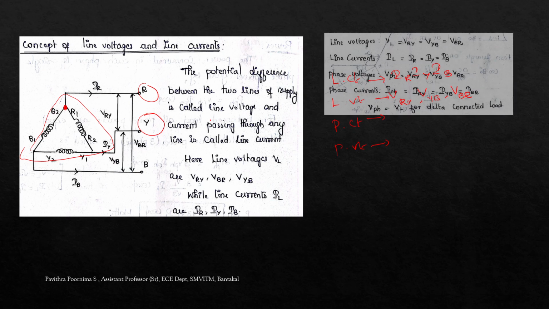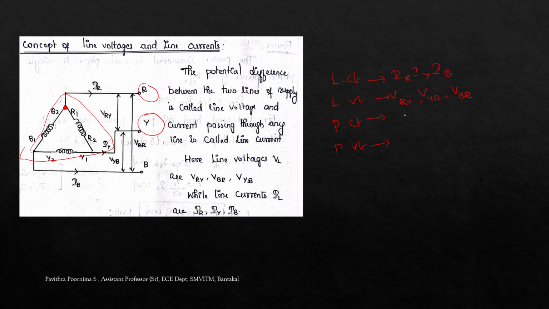So what is a phase current? Phase current is represented as I phase, the current across the phases. The first phase is R, connected to Y, so the current is IRY, then the current between Y and B, and the current between B and R. And what about the phase voltages?